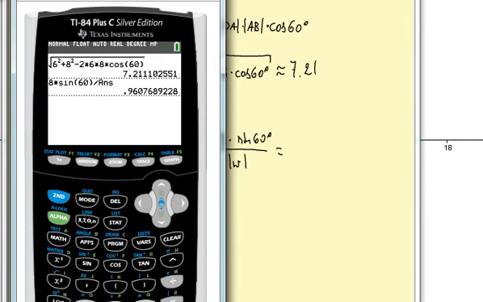So here we have the value of it. It is 0.96 and so on.